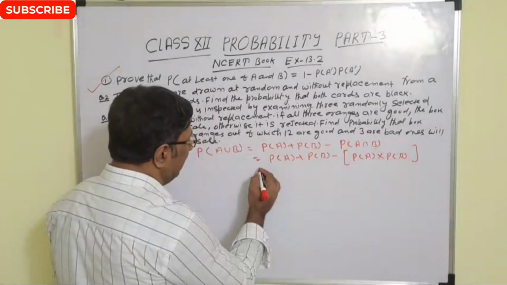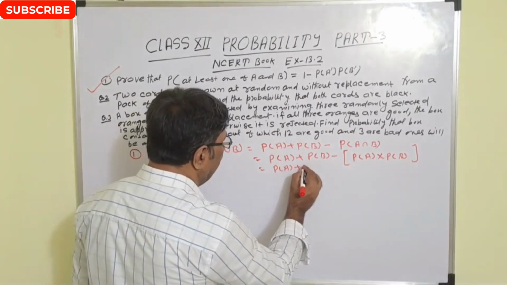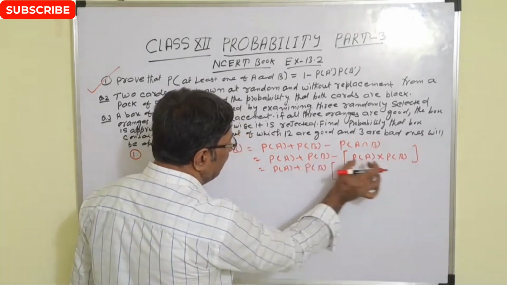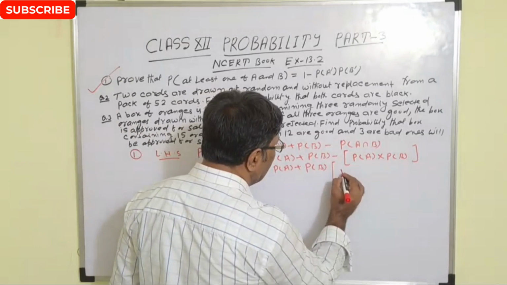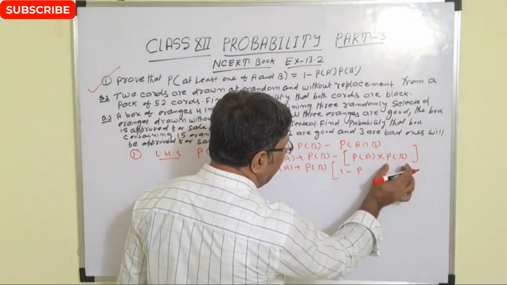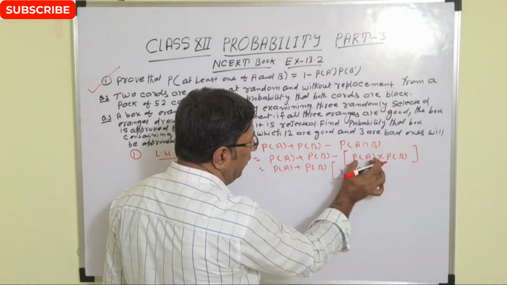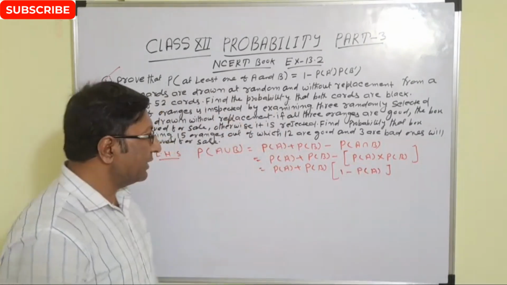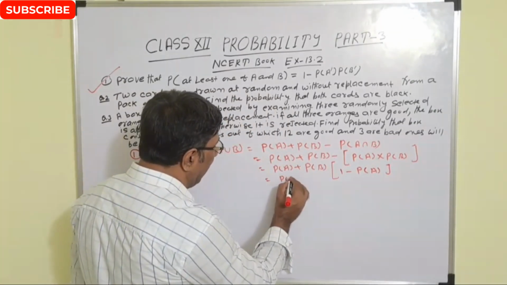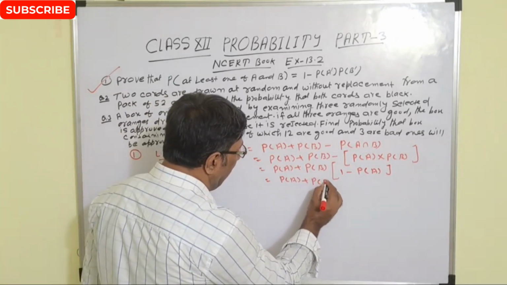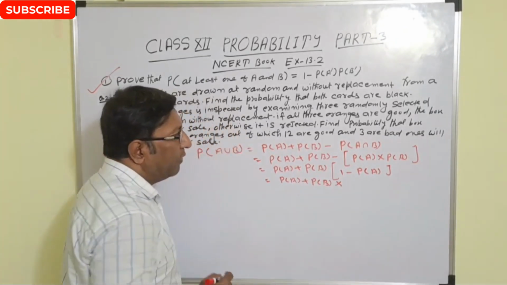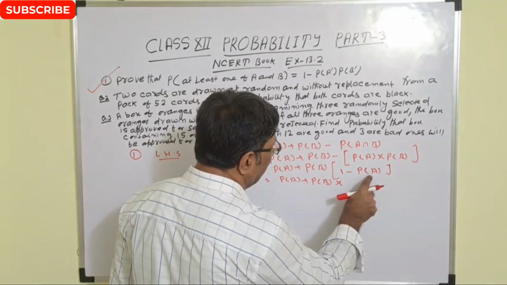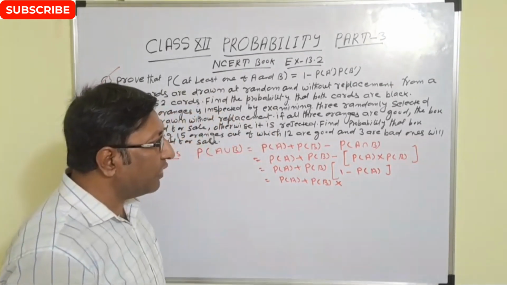Okay. Now you see this is probability of A plus, if we take common probability of B from this and this, here probability of B is common, so here we get 1 minus probability of A. In the same way here we will get probability of A plus probability of B multiply by 1 minus probability of A. Now 1 minus probability of A is what?